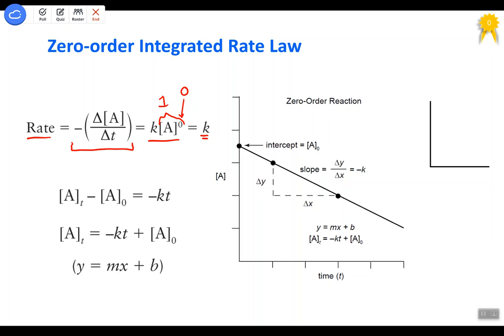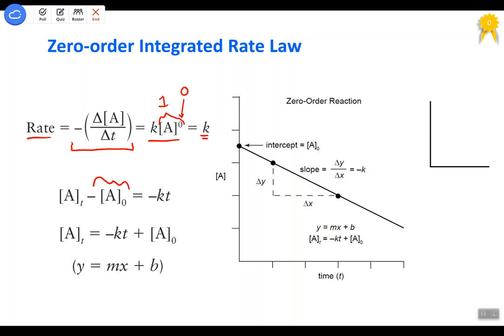If we integrate these two halves, K and delta A over delta T, we end up with the change in the concentration of A, so the concentration at time T minus the initial concentration, and it's simply equal to negative KT.